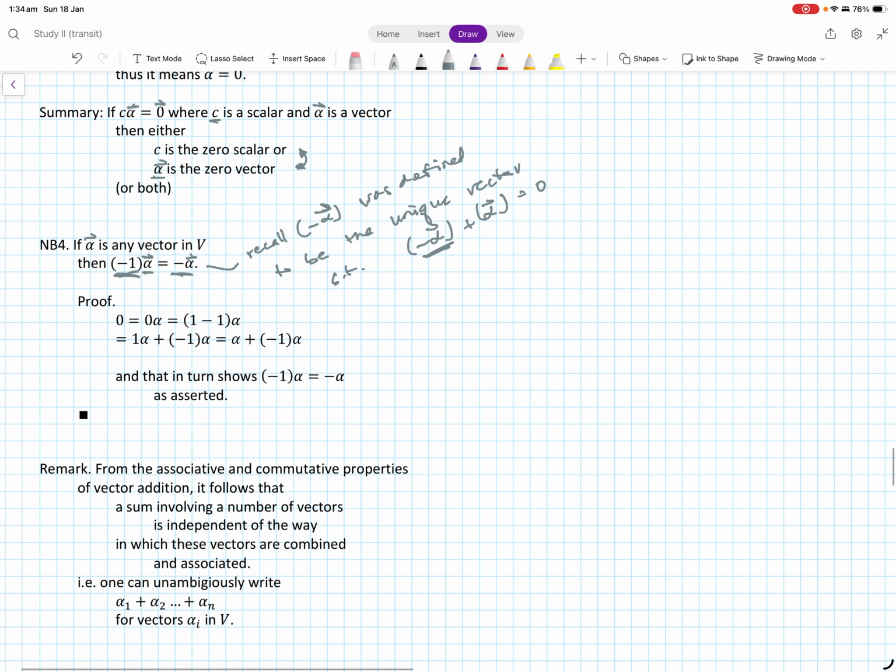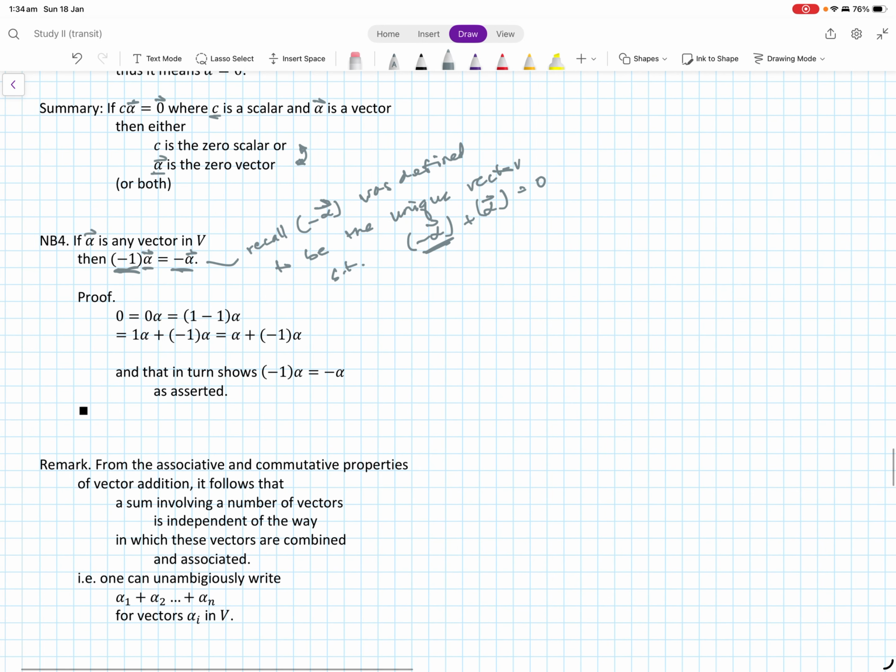And here's the proof. You start with the 0 vector, and the 0 vector we know can be written as the scalar 0 multiplied by the vector alpha. The scalar 0 one can write as 1 minus 1 times the vector. And then you can get 1 times alpha plus minus 1 times alpha.